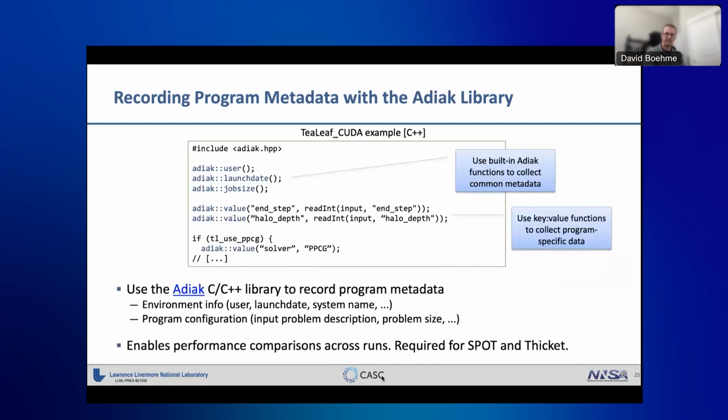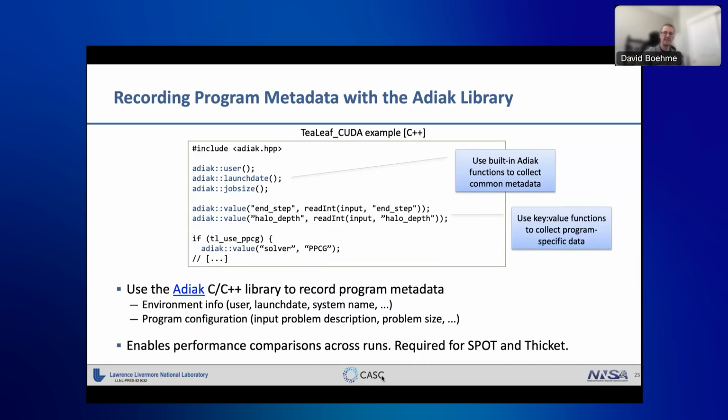Let's talk a little bit more about ADIAC. ADIAC is a little C and C++ library to record program metadata. It provides two kinds of calls. There is built-in functionality that collects a bunch of commonly available metadata information, like the system information on what cluster it is running on, launch day, who is running it.